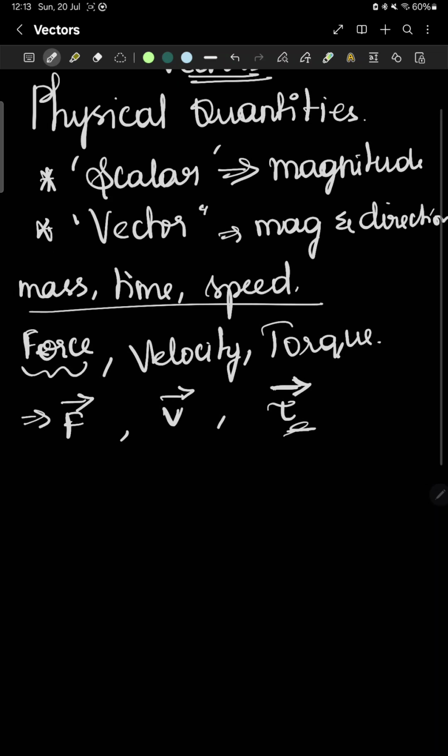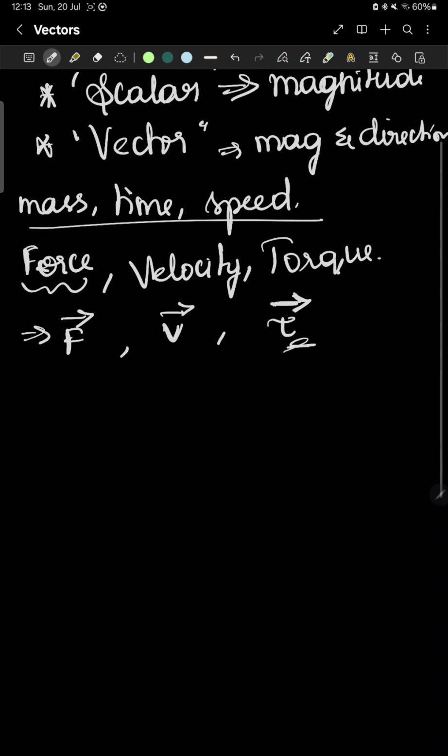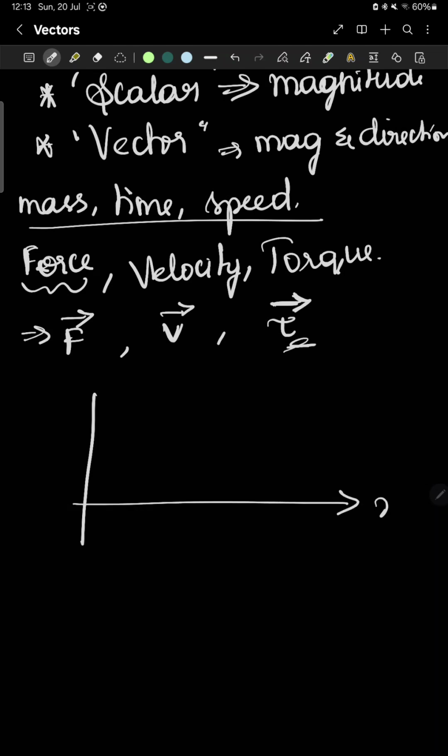Whenever I am describing it graphically, we always need a reference line, as well as the angle at which it has been oriented from the reference line. For example, let us take an object moving in one particular direction. We consider a frame of reference like x and y, and the object moves in one particular direction with magnitude A, at an angle theta from the positive x-axis.